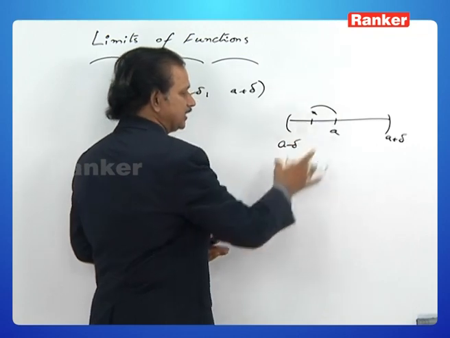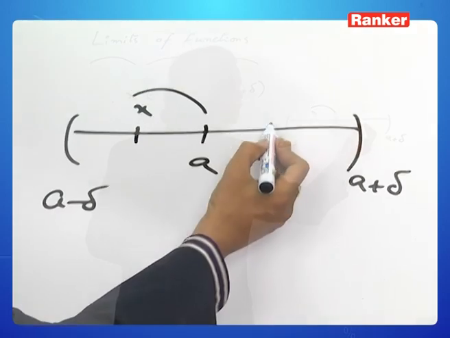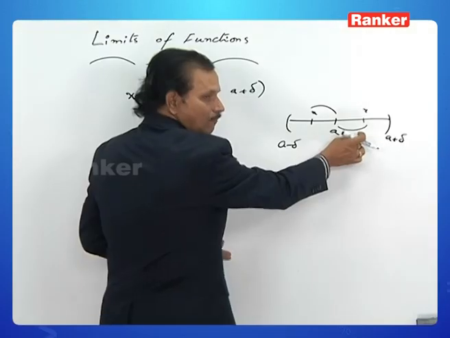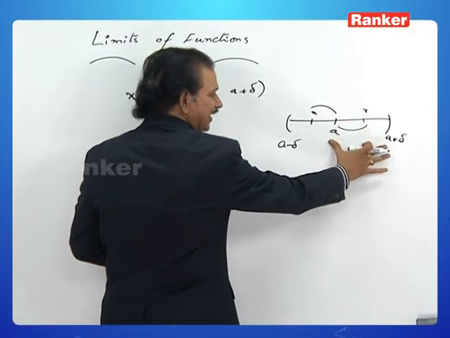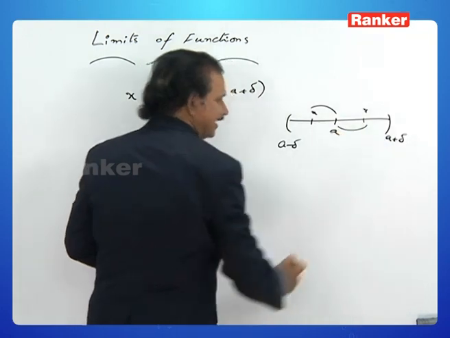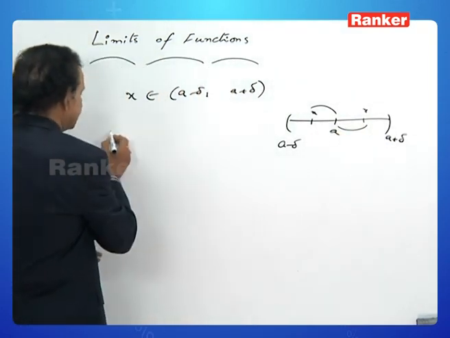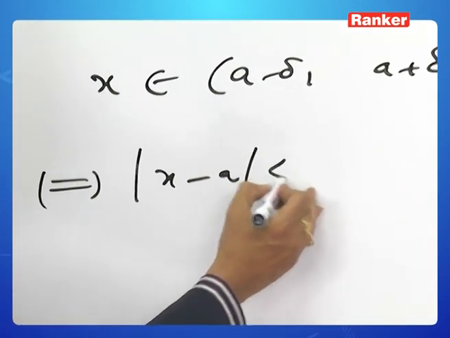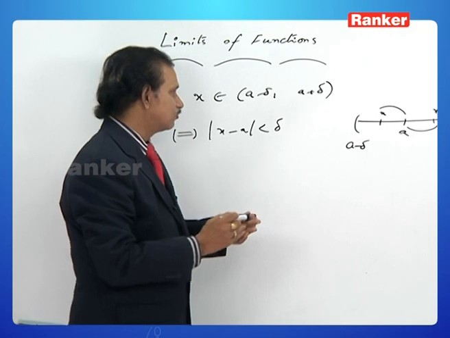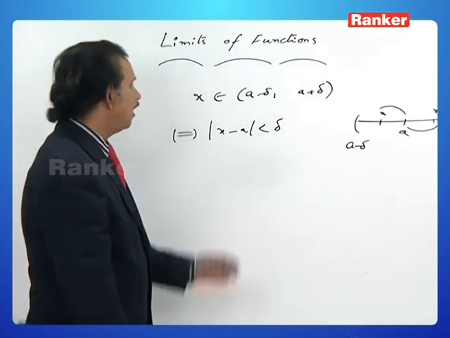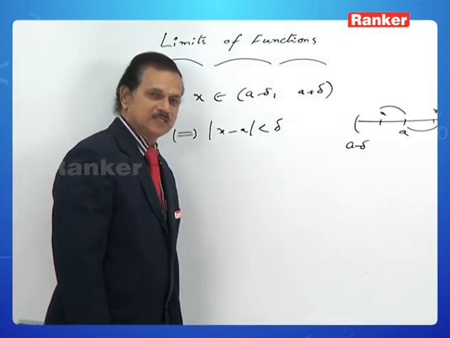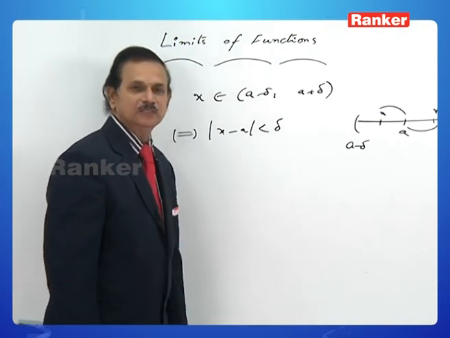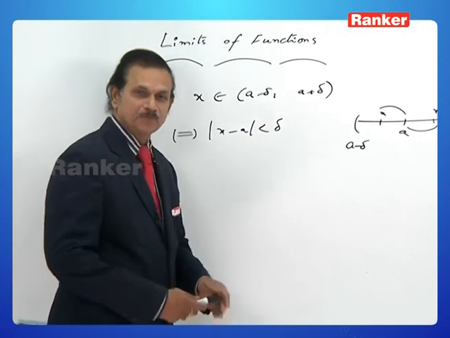That is, mod x minus a is less than delta. Suppose x lies here. Even in this case, what is this distance? Mod x minus a. So mod x minus a is less than delta. Hence, these two statements are equivalent, to be noted. X belongs to a minus delta to a plus delta, or mod x minus a less than delta are absolutely similar. These are one and the same.